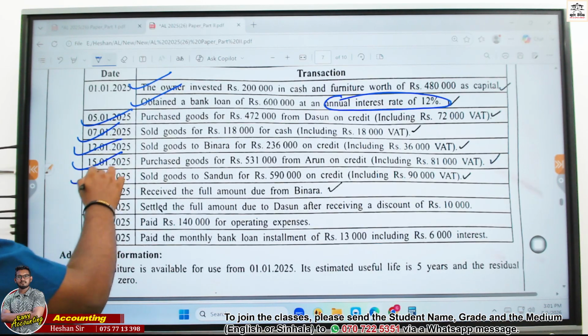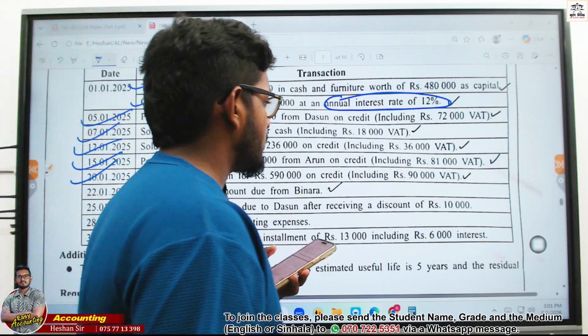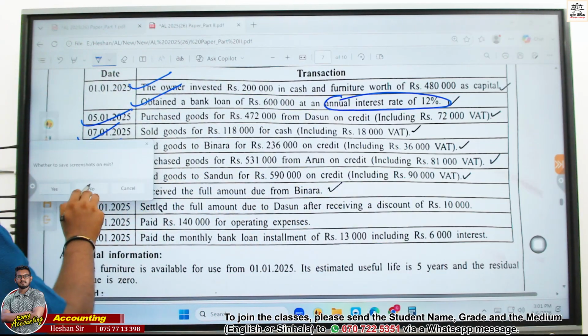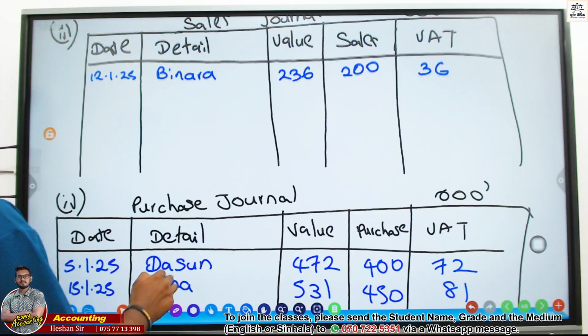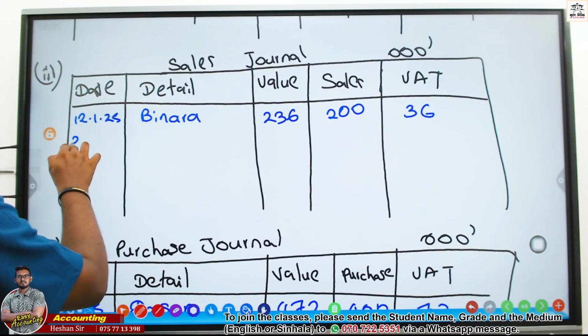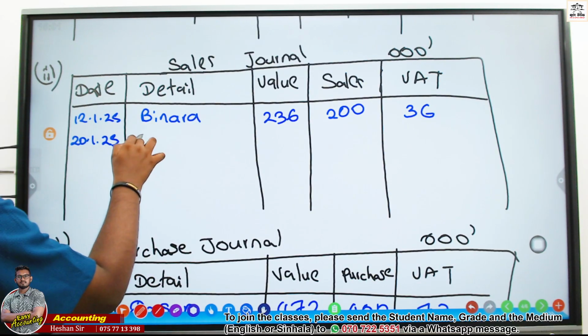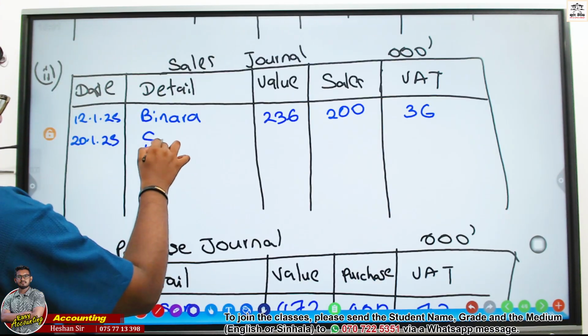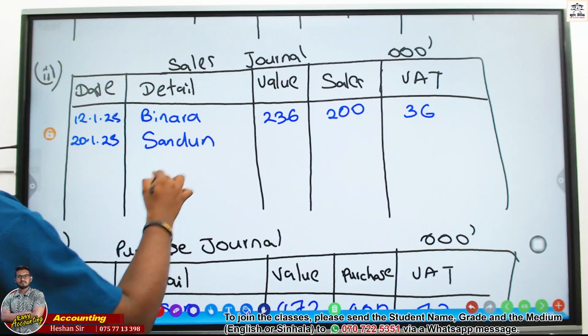Sold goods to Sandun for 590 on credit, including 90,000 VAT. So 20th of January. To whom we sold? Sandun.